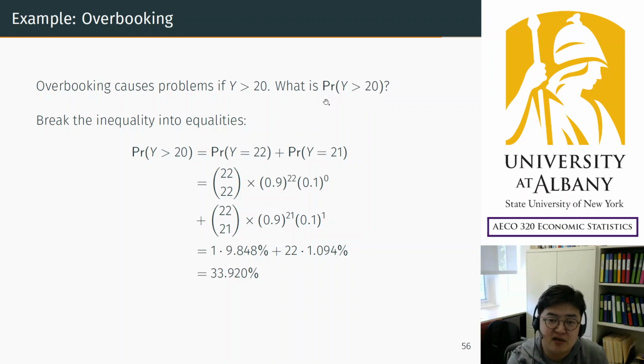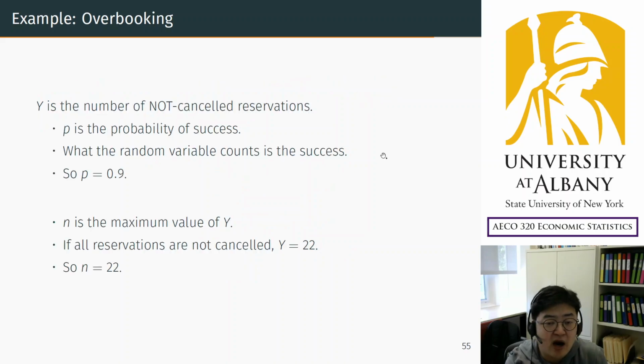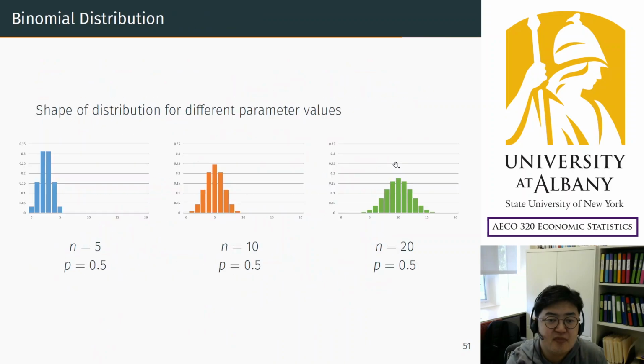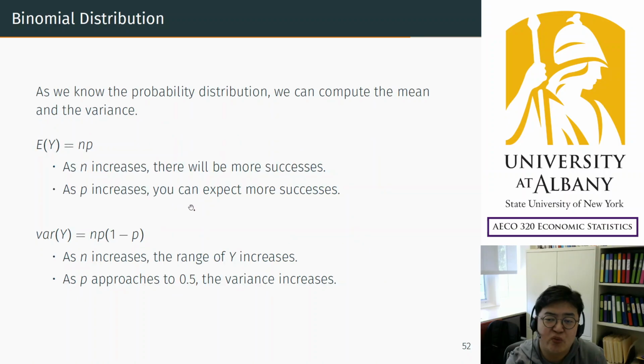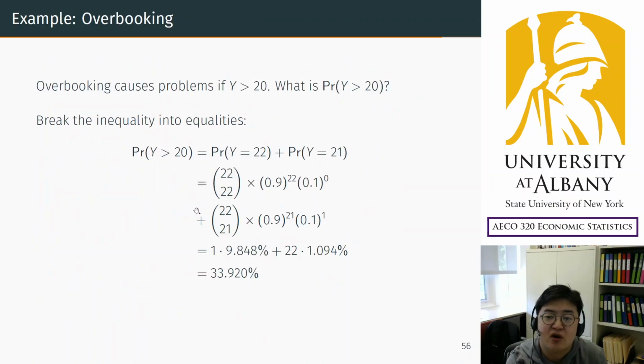The problem here is our formula does not apply to inequality. Our probability was defined by an inequality, but our formula is not. Look at this: we defined the formula based on equality, so we have to divide this inequality into equalities.